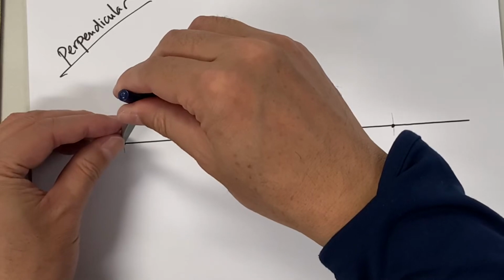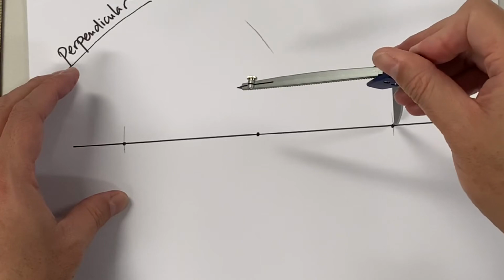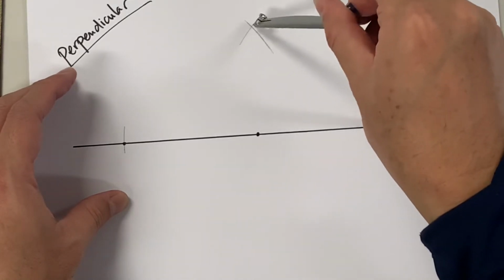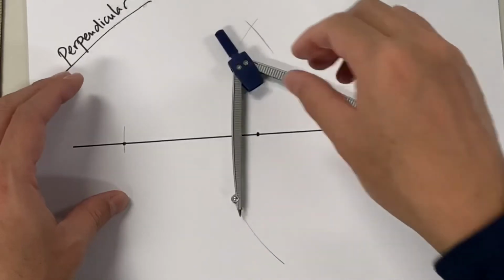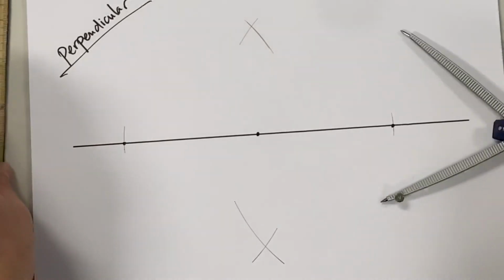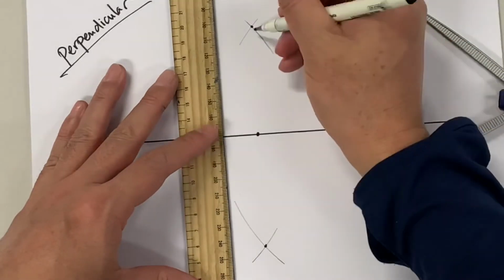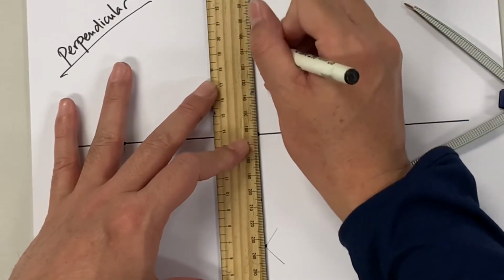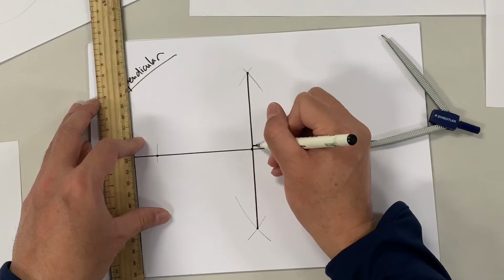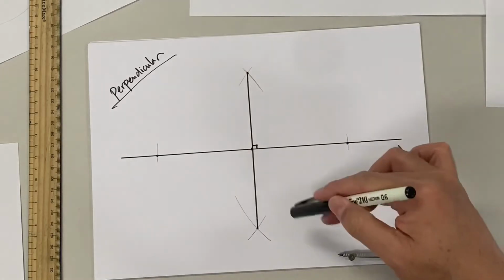Make it slightly larger here and here, and we'll do the same thing on the other side as well. That makes two crossings there. If I draw a line here, this is a perpendicular line. It's your turn. Have a little shot.